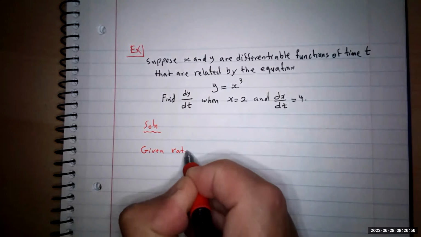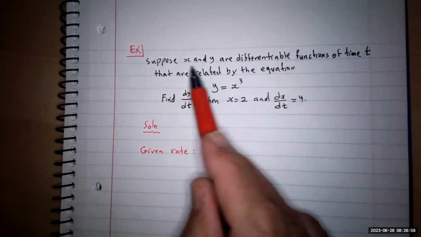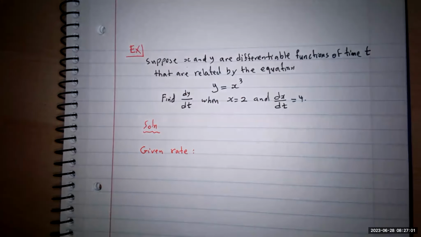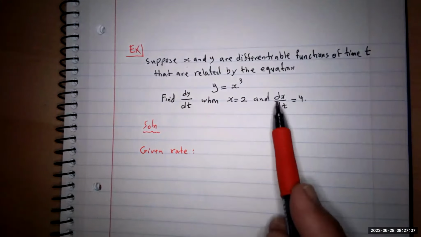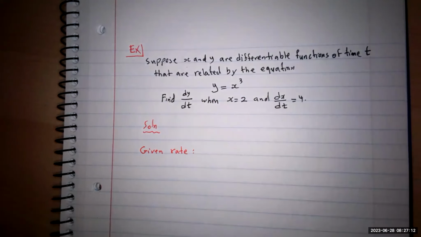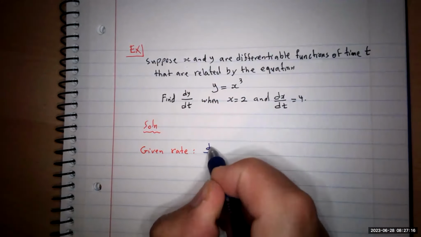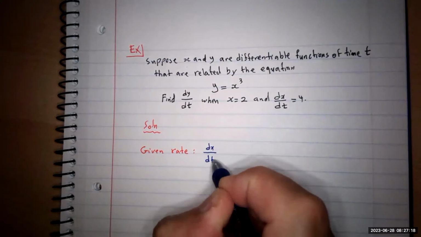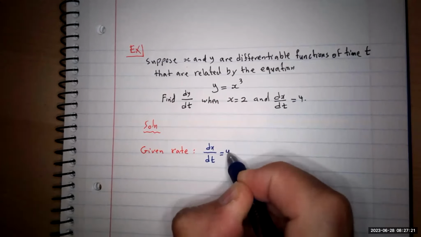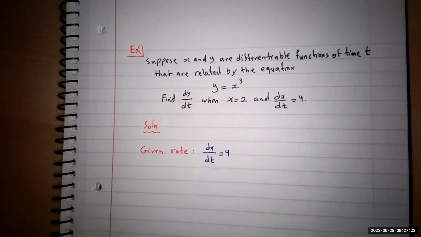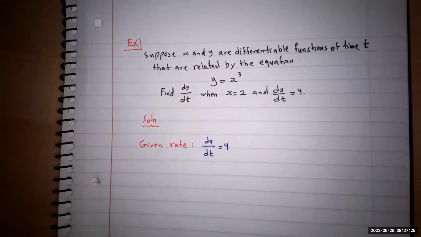Your variables are x and y, so the given rate is going to be either dx dt or dy dt. In this case, dx dt is given to you, so the given rate is dx dt equal to 4. So you read the problem, and the first thing to identify is the given rate. Any question?